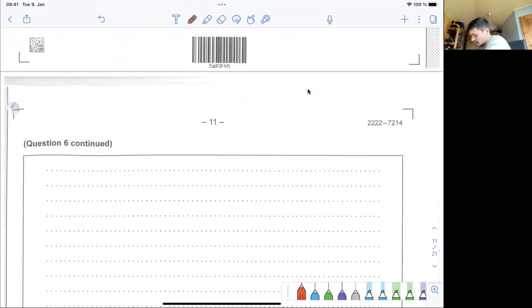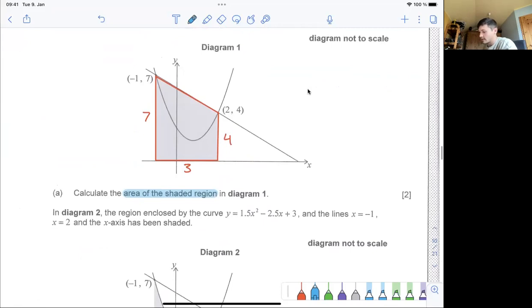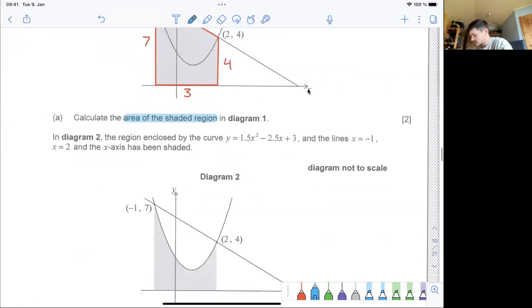The formula for the area of a trapezoid is in your formula booklet: A, the area, is equal to a half multiplied by (a plus b) multiplied by the height, where a and b are the two parallel sides. So if we go up here, we can see the two parallel sides are the side with a length of 7 and the side with a length of 4.